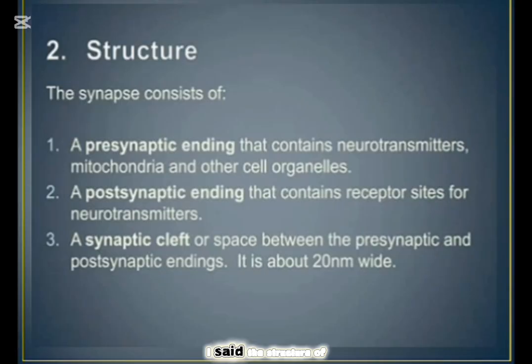I said the structure of the synapse is made up of three parts: the presynaptic body, the postsynaptic body, and the synaptic cleft.